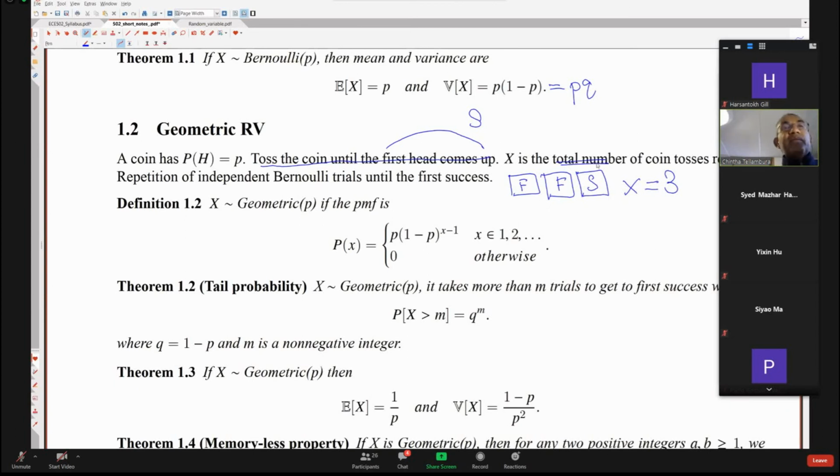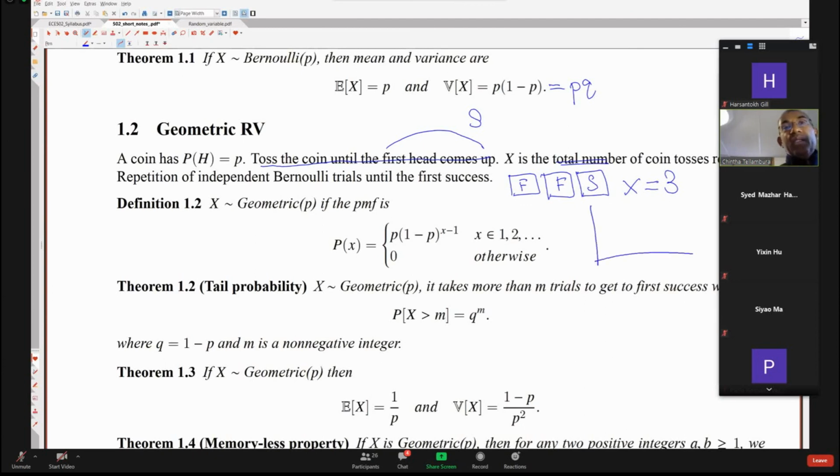So in this case, X can be 3. Now, in general, X can be 1, 2, or up to infinity. This PMF has a geometric decrease.